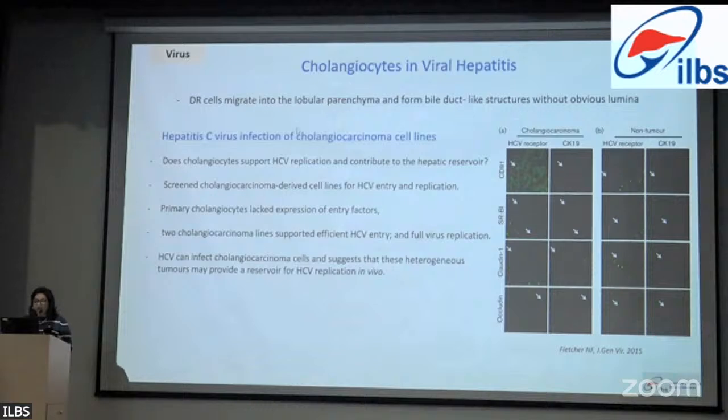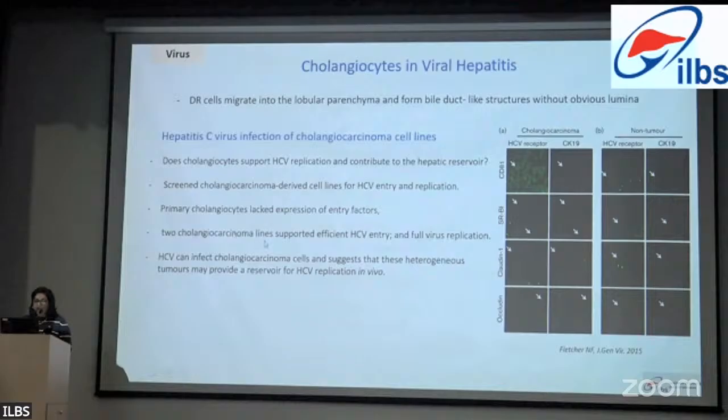But one of the publications showed in vitro that cholangiocarcinoma-derived cell lines carry HCV entry receptors and are also involved in replication. Still, primary cholangiocytes lacked the expression of entry factors. So it could be that during cholangiocarcinoma, these receptors are expressed on cholangiocytes and are involved in further aggression of the disease.